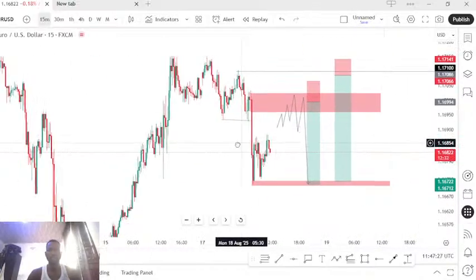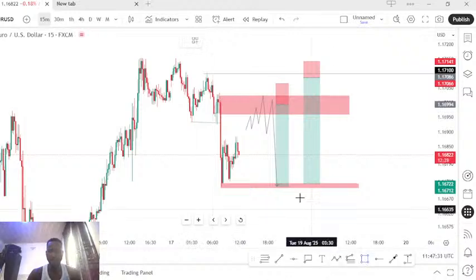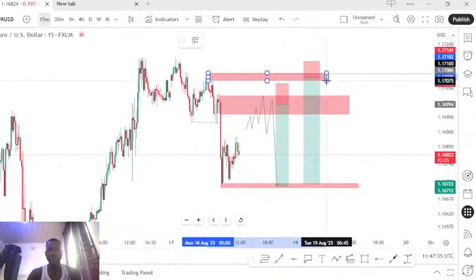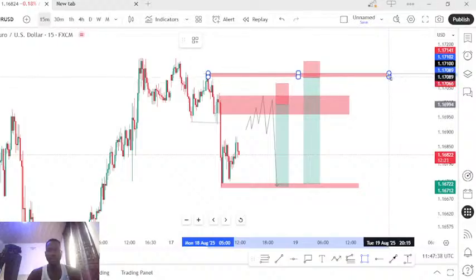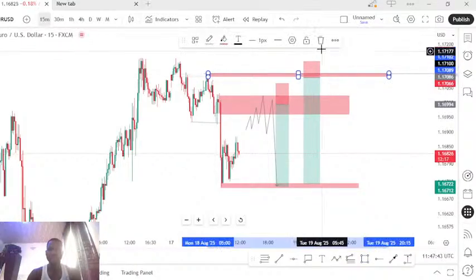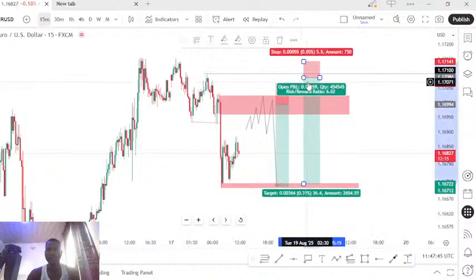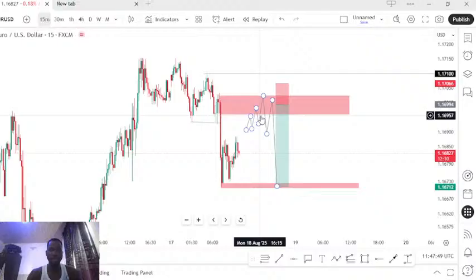So on GBP USD, sorry, I am actually looking out to see price, you know, give me a confirmation. Basically this area here, this is my area of interest at the moment for a short ride to this support level.